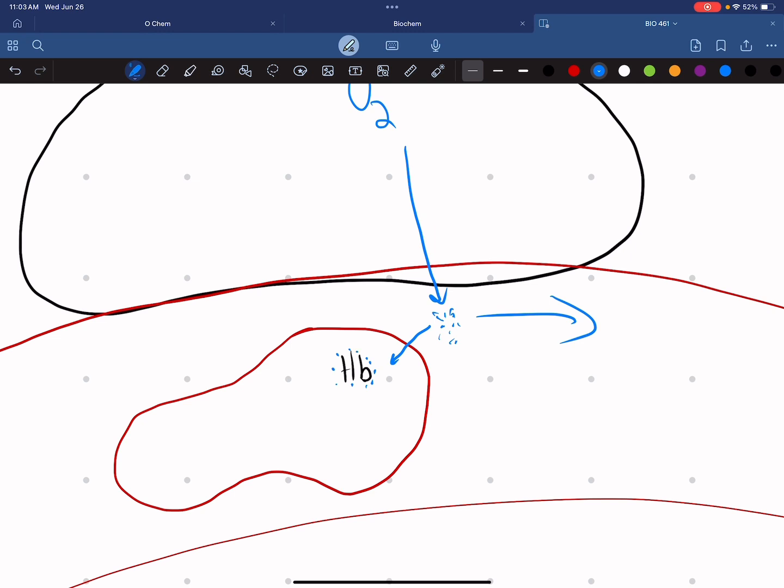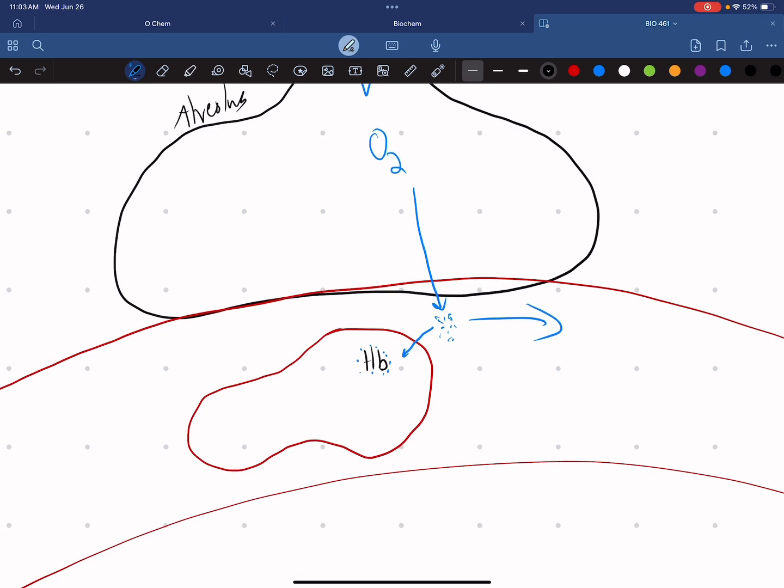This combination of oxygen-bound hemoglobin makes up about 98% of the oxygen that we use, whereas the free-floating oxygen makes up only about 2%. So as we inhale oxygen, it will diffuse into the bloodstream and then further into the red blood cells to bind to hemoglobin in order to be used throughout the body.